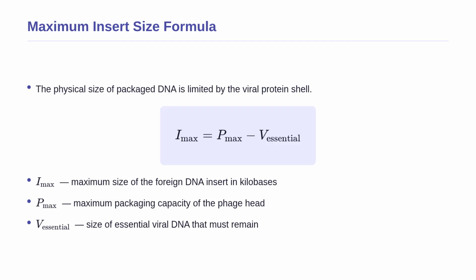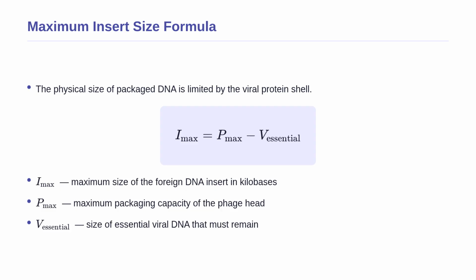This high capacity we just discussed is not infinite. It is strictly governed by the physical geometry of the viral protein shell. The packaging machinery requires the total DNA length to be within a specific range. We can express this maximum insert size mathematically. The formula states that Imax equals Pmax minus V essential.